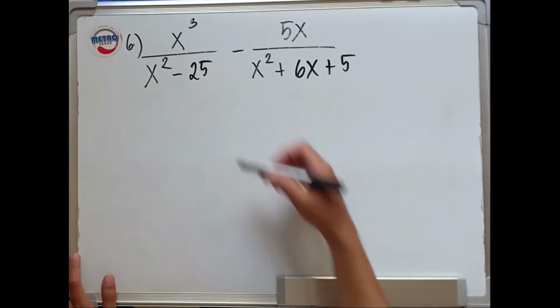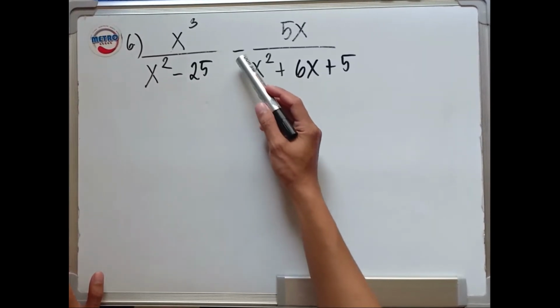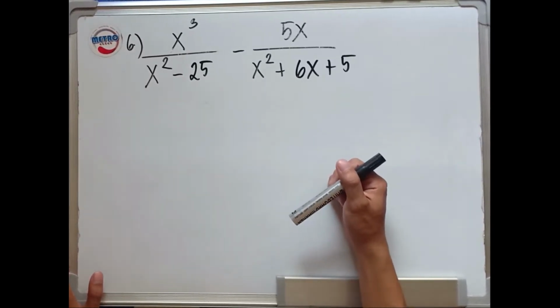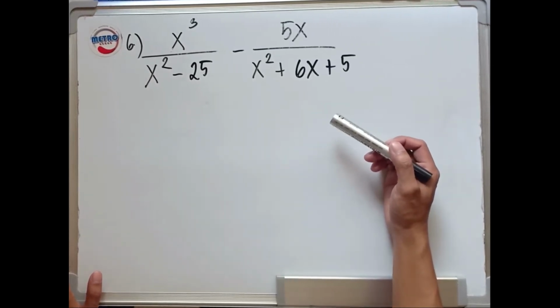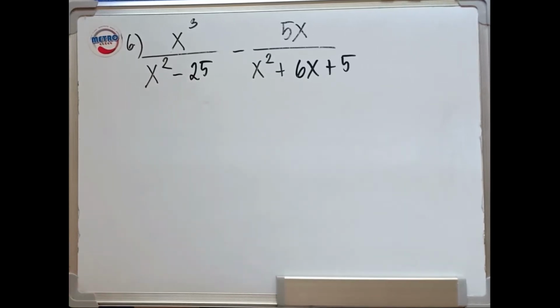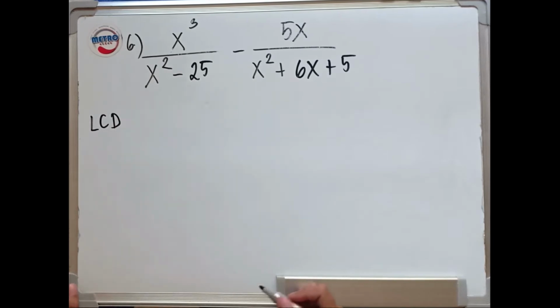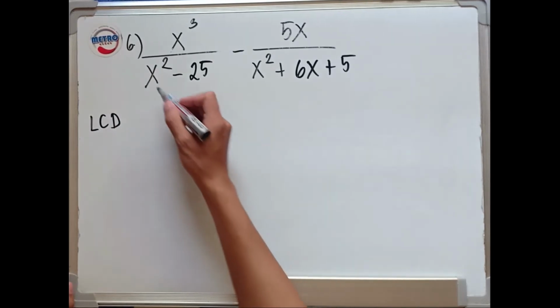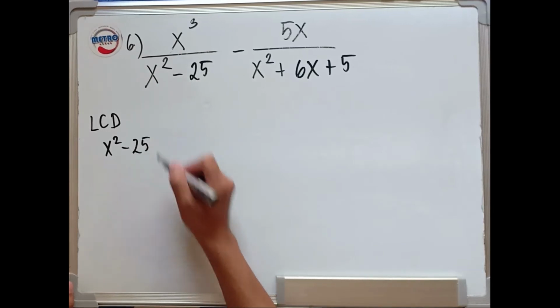Let's have example number 6. So before we perform the operation indicated in these fractions, we have to check the denominator. If the denominators are not the same, we're going to get the LCD. Now, let us have x squared minus 25.